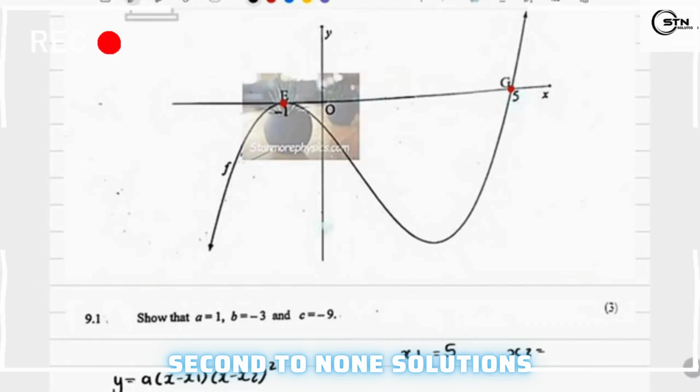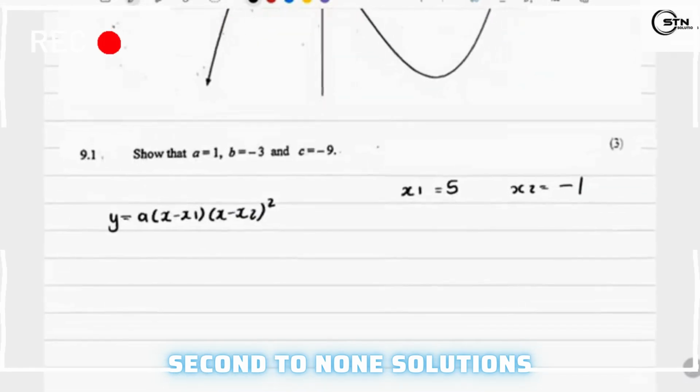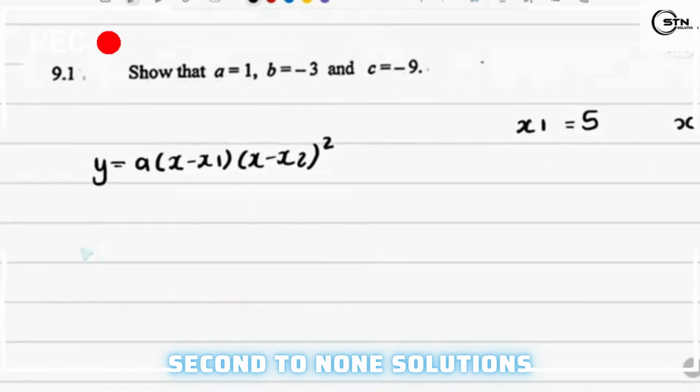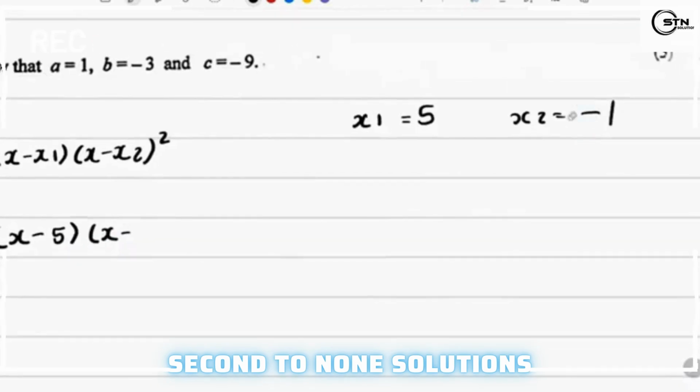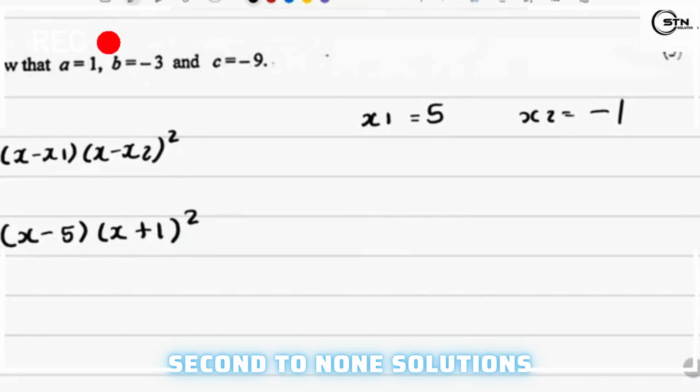And our x2 is the one that is a turning point and an x-intercept. So let's substitute this. We say y is equal to a times (x minus our x1, which is 5), and then times (x minus our x2, which is -1, which is really minus -1, which just becomes plus 1), all squared.